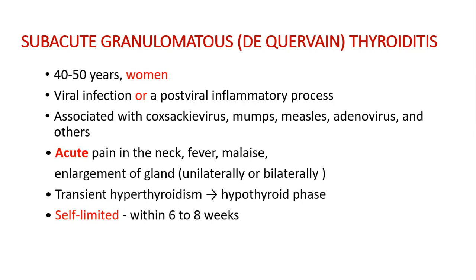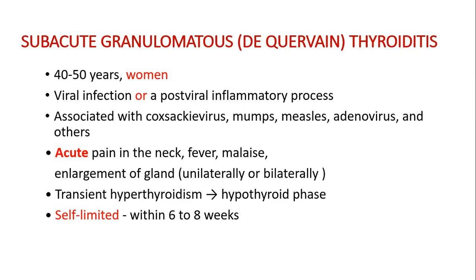This is very classic. In the initial phase of this state, they will have transient hyperthyroidism. That can also be seen clinically in Hashimoto's thyroiditis. Initially, they have a hyperthyroid state because of the inflammation and the destruction of the gland. A high amount of hormone is released into the circulation, so initially it may present with a hyperthyroid state.